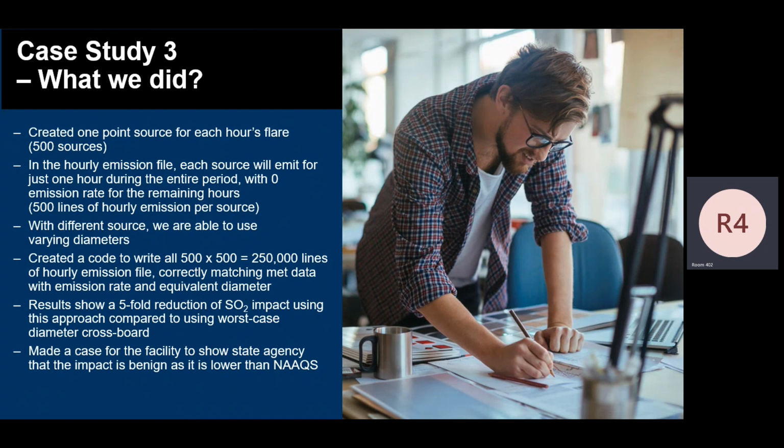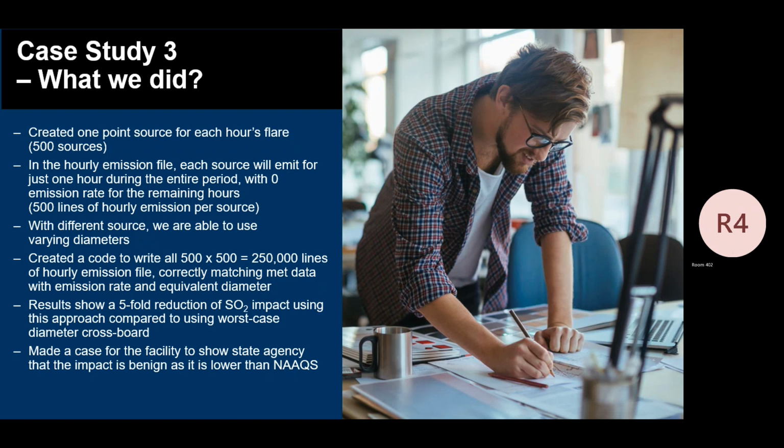So in the hourly emission files, we pair hour one's emission to hour one's flare parameters, and do this 500 times. But for the hourly emission file, you have to have all 500 hours of emission for a single flare source. So that is 500 lines for only one hour of evaluation. 500 times 500 is 250,000 lines of hourly emission file you have to write.